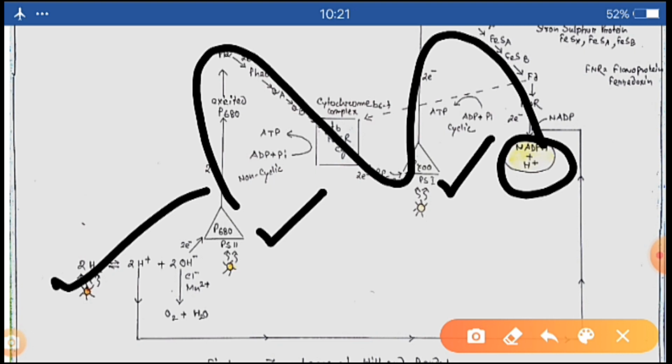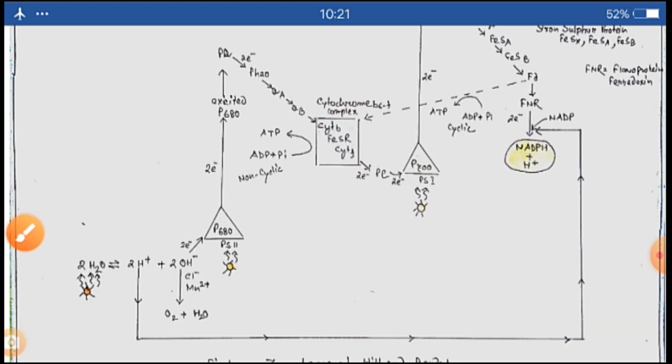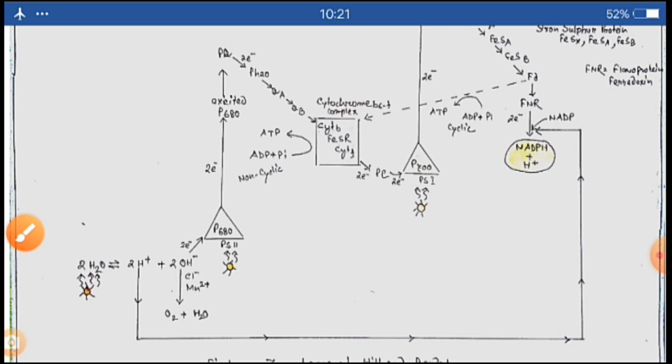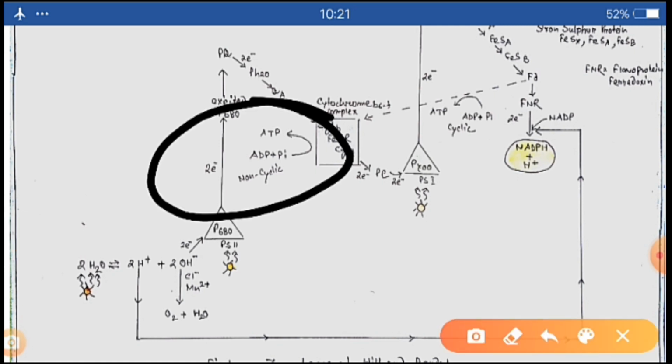Okay, and during this transfer of electrons, that is the non-cyclic one. Why non-cyclic? Because the electrons released from here never came back to here again. That is why it is a non-cyclic process. So in the non-cyclic process, ATP is synthesized. That is why it is called non-cyclic photophosphorylation. Okay.